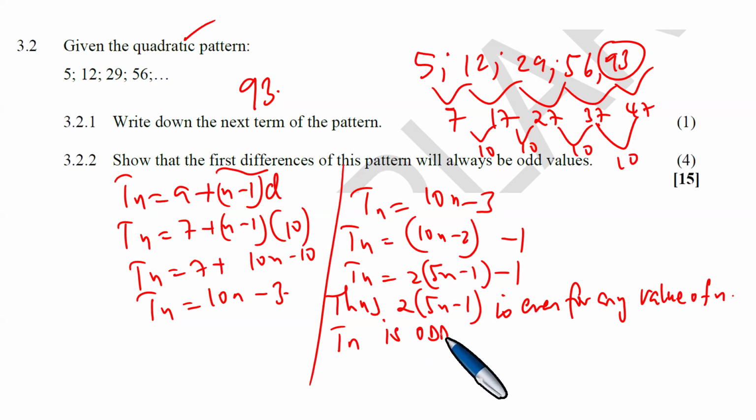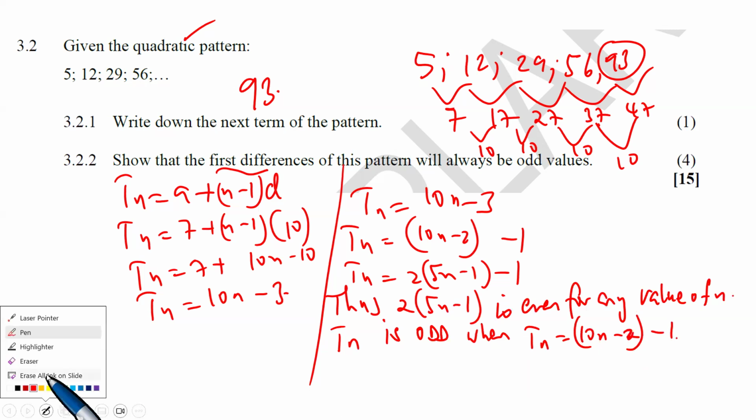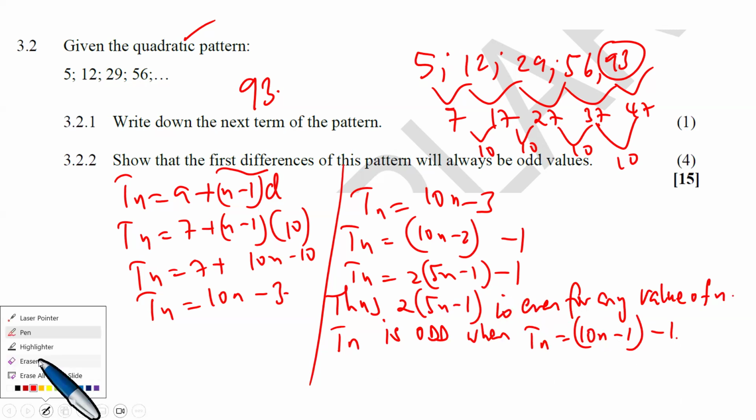Tn is odd when Tn equals 10n minus 2 minus 1. That's what we're saying here.